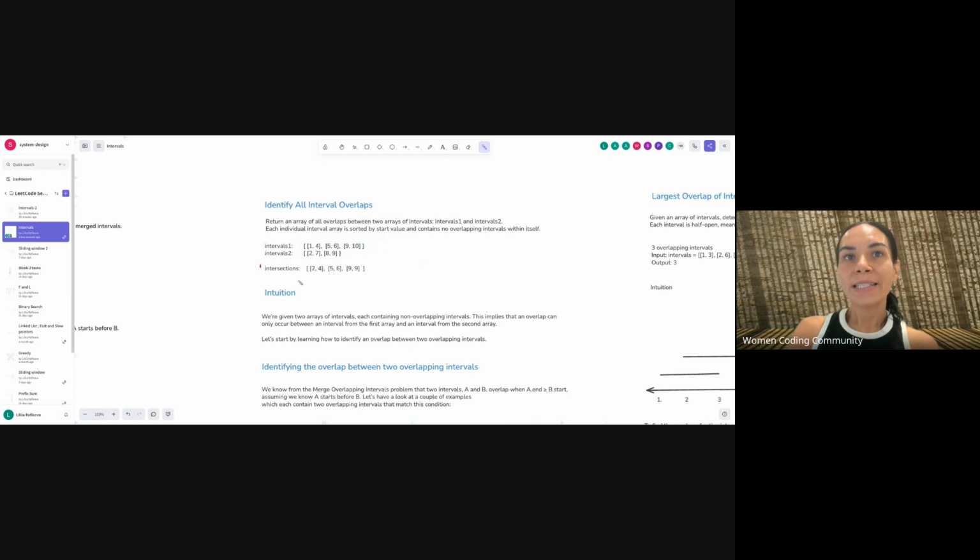So the ask is to find where these sets actually intersect. For example, we take the first interval from the first set, 1 and 4, and compare it with 2 and 7. We find that they actually intersect in this time frame, starting from 2 and ending at 4.